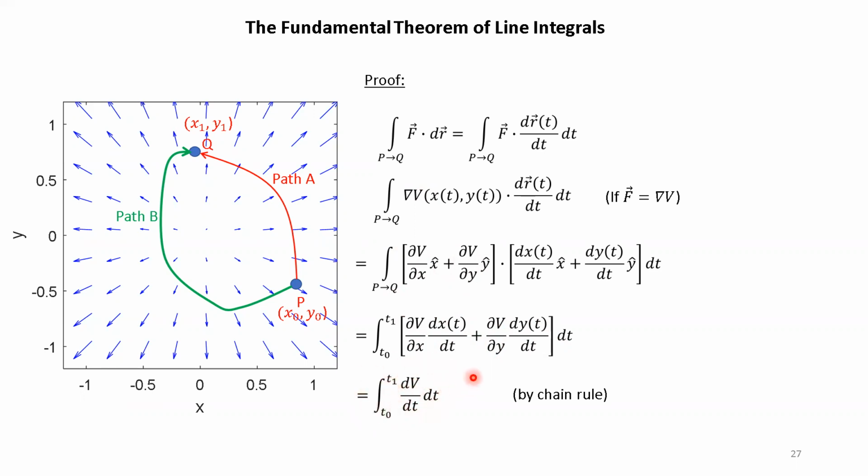And if you integrate it, you realize that it really doesn't matter what path you are taking anymore. It doesn't matter. This is simply given by the value of your potential function, your v function, at the endpoint minus the value of your v function at your starting point.